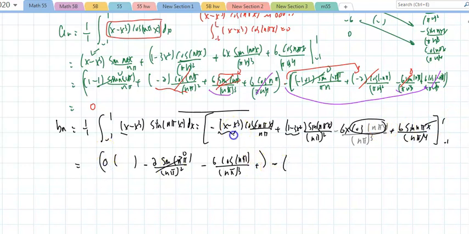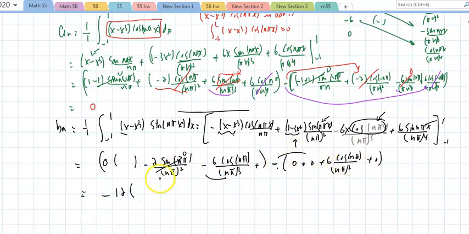Minus, when you put the negative 1 in there, that's a 0, and when you put the negative 1 in there, that is a plus 6 times the cosine of n pi. Negative or positive, cosine is an even function, it absorbs that, plus 0. So I end up with minus 6 of those, minus 6 of those. That will be a negative 12, and cosine of n pi is negative 1 to the n over n pi cubed.